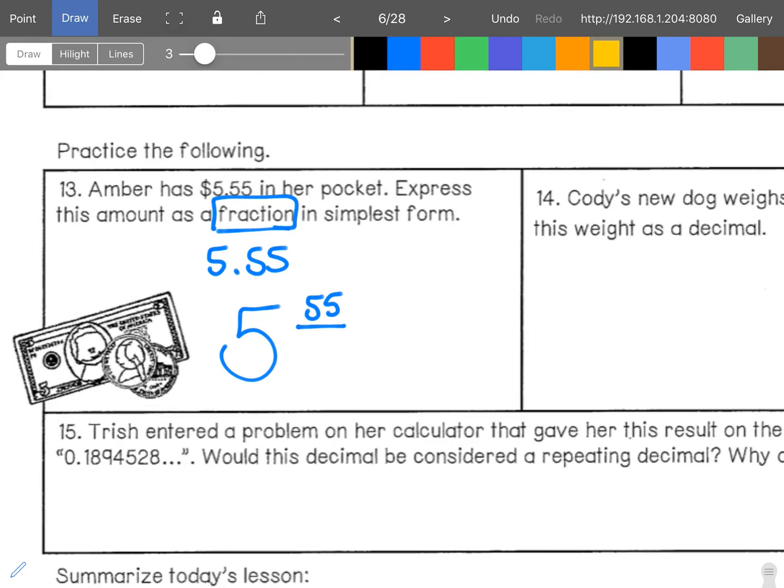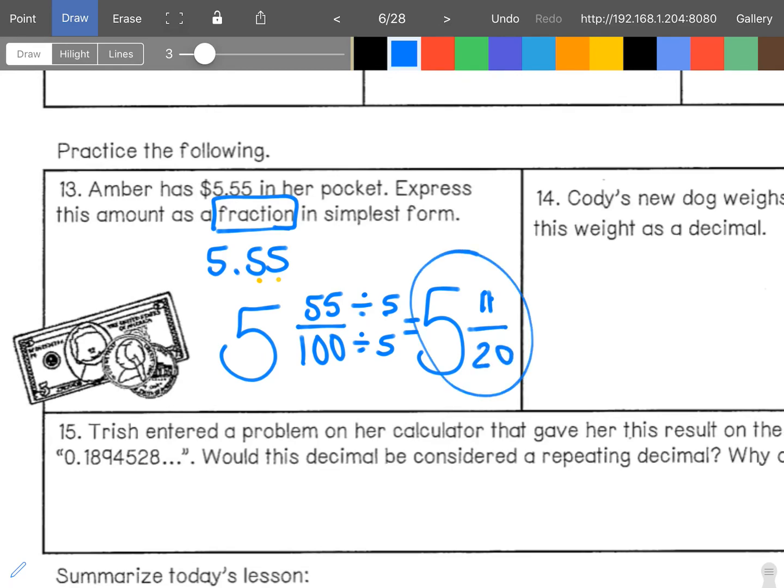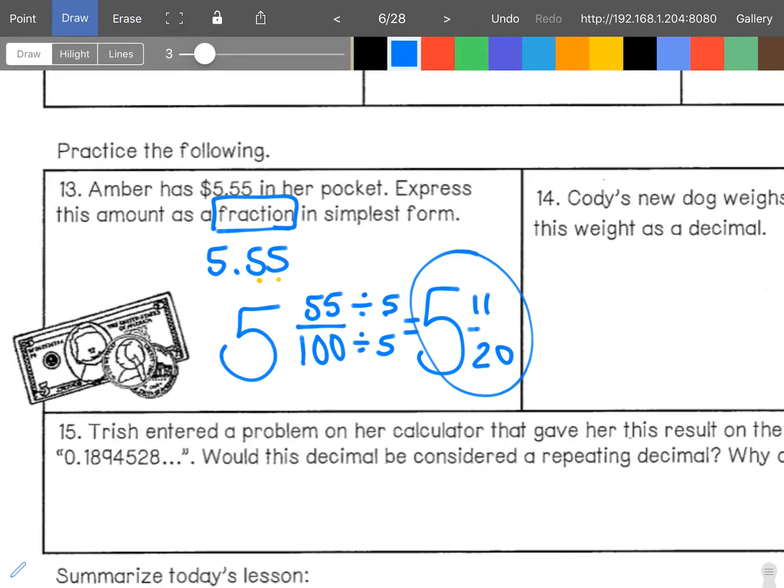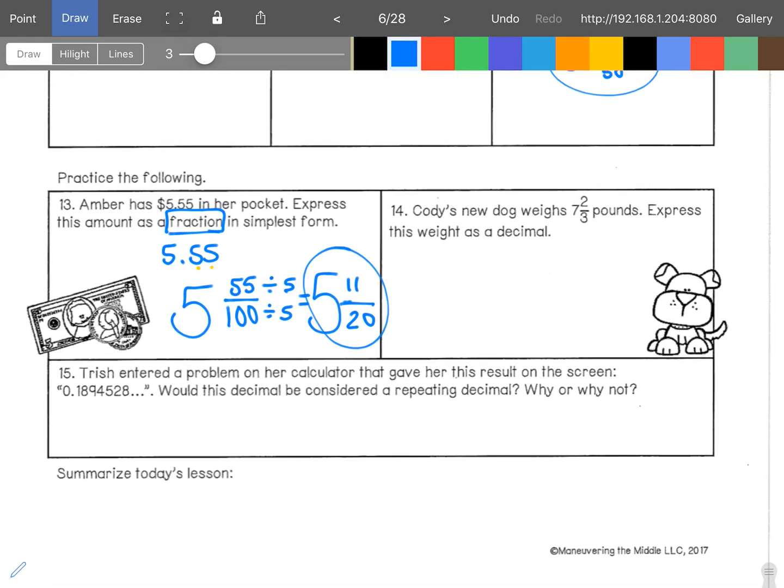So since we had 2 digits, we're going to use the 100, so we're going to have 2 zeros there, and we're going to try to simplify. So we can simplify both of those by 5. Be careful and always remember to keep the big whole number 5, okay? And then 55 divided by 5 would be 11 over, and 100 divided by 5 is going to be 20. That's not a really good 11 there, sorry. 5 and 11/20.